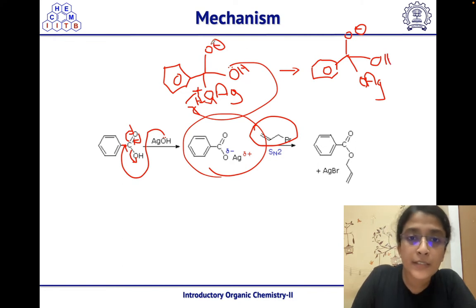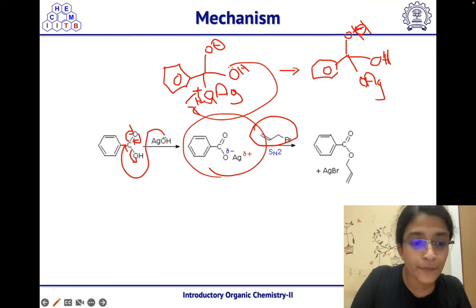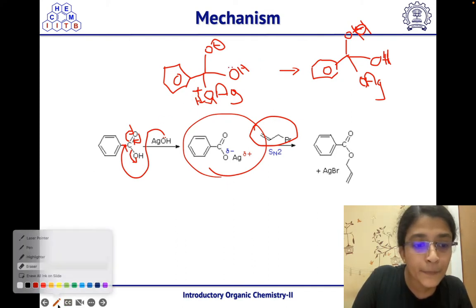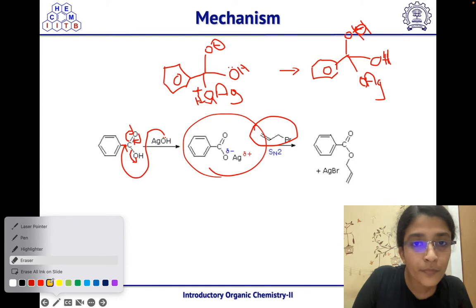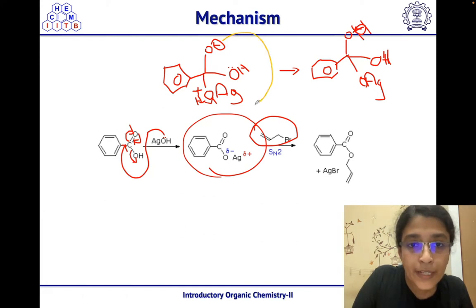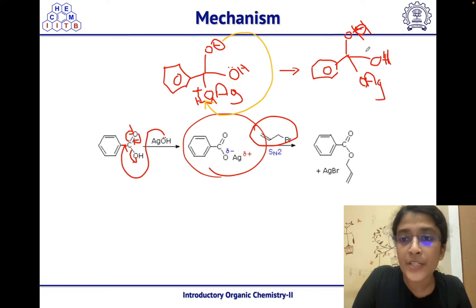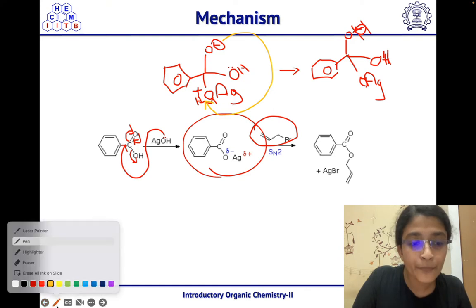Sorry, this O minus will abstract this proton, and it will lead to formation of OH tetrahedral intermediate.